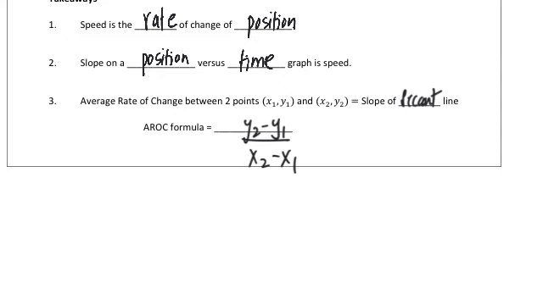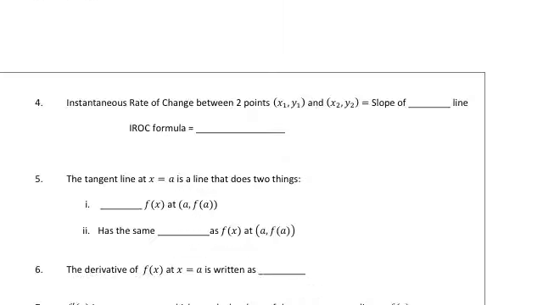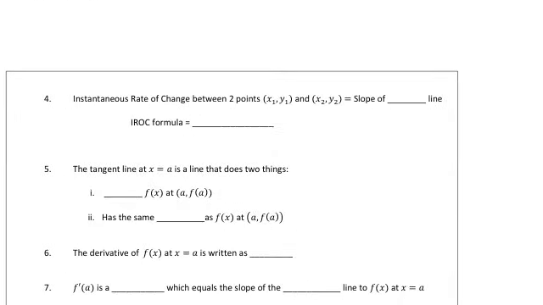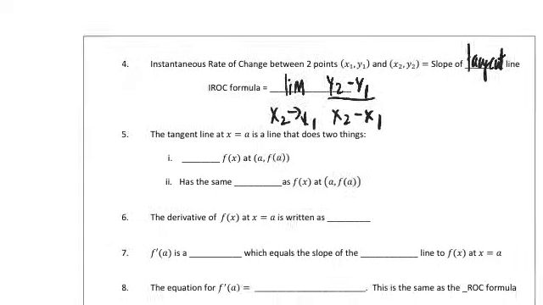Oh, I see why it looks so incomplete here. It's because there's one more slide, which is right here. Instantaneous rate of change at a point is the slope of the tangent line. The IROC formula includes the limit, right? So we're going to bring our 2 points closer and closer and do the secant line approximation.